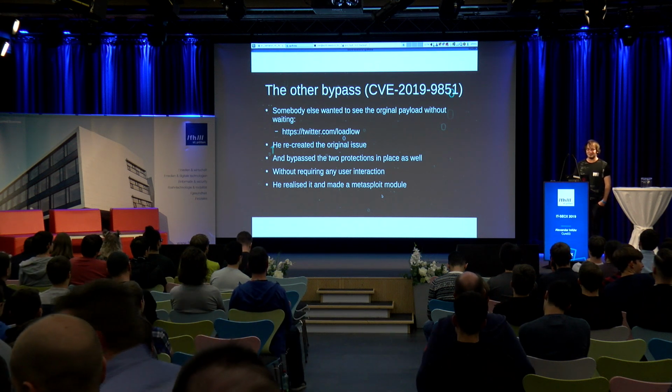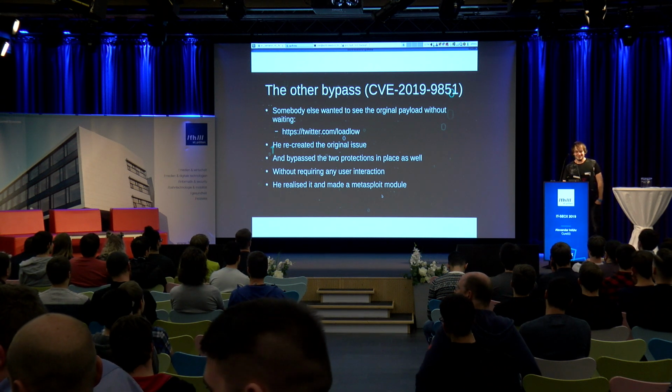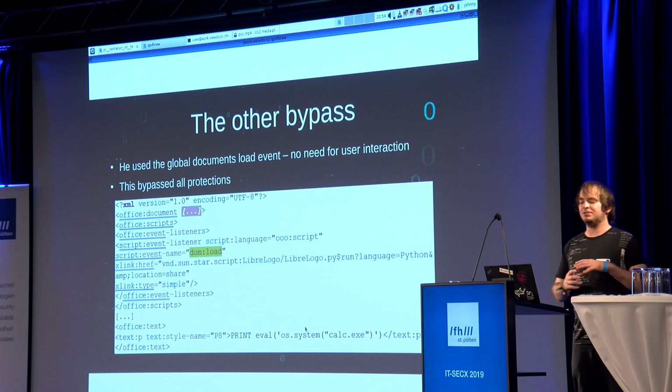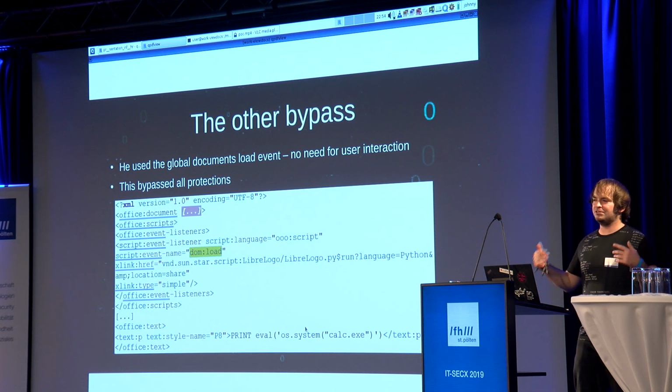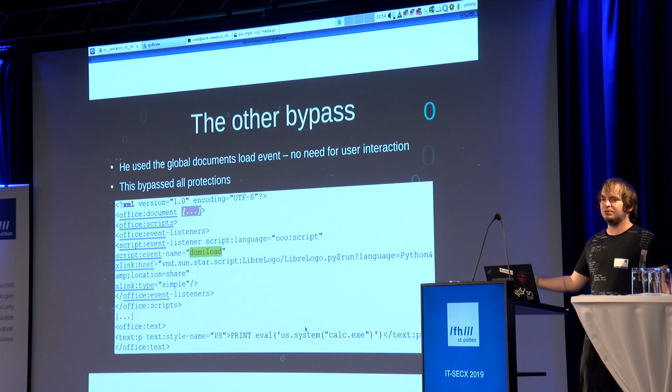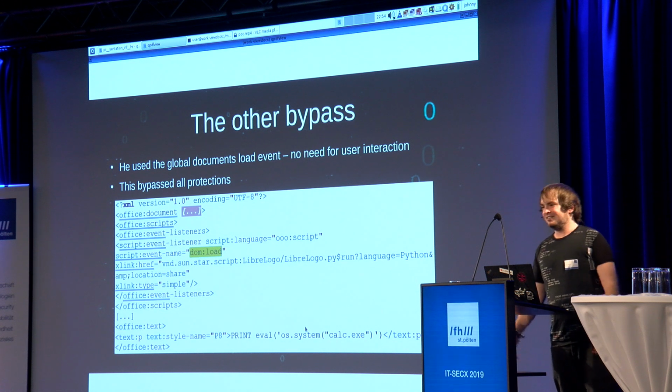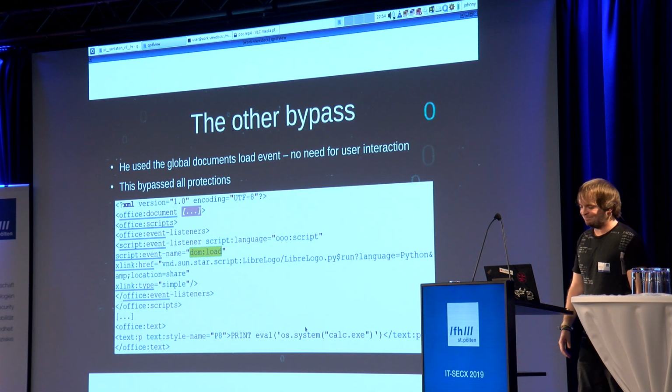He realized that, and he created a Metasploit module. His bypass is really simple: instead of using a mouse over event or anything like that, he just used another event, which is the DOM load event, which basically means it's rendered. And then the macro will get executed.